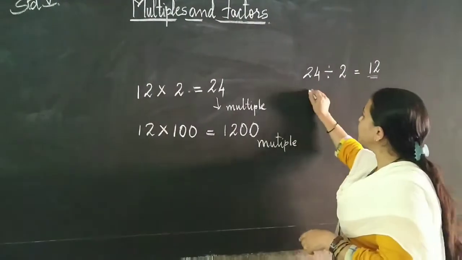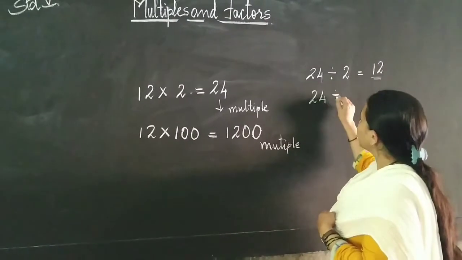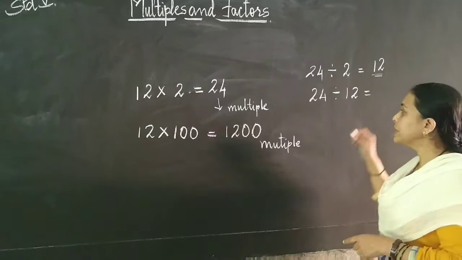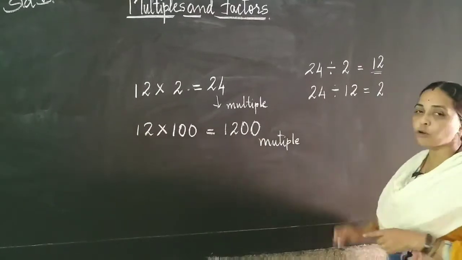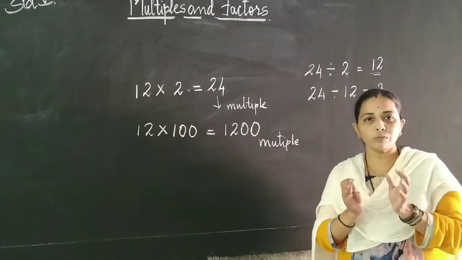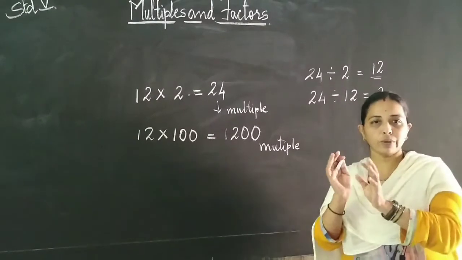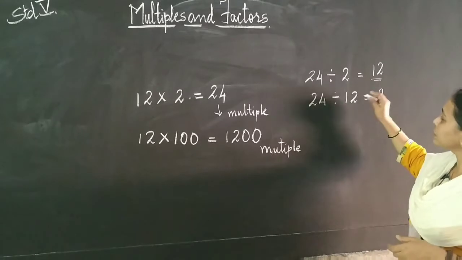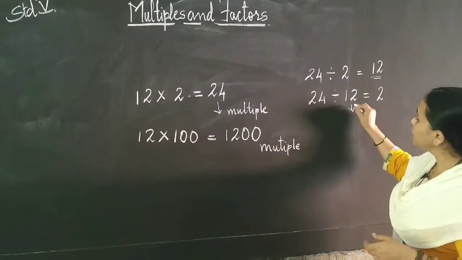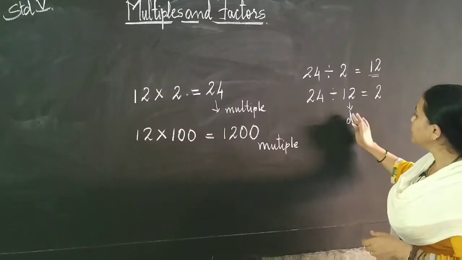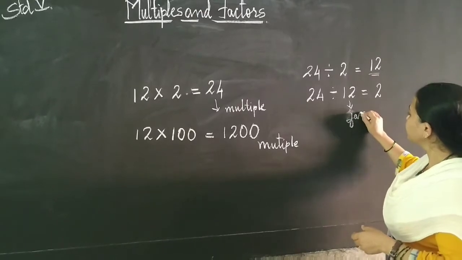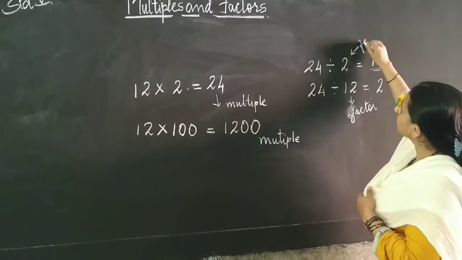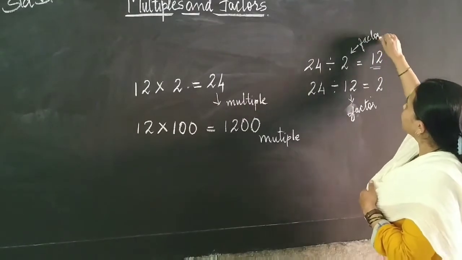Suppose 24 has to be divided by 12. Then it will be divided how many times? 2 groups you can make. You can make the groups of 24: 12 and 12, that is 2 groups. Okay, so that way this 12 here is called a factor, and this 2 is also called a factor.